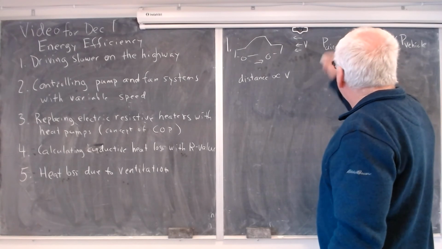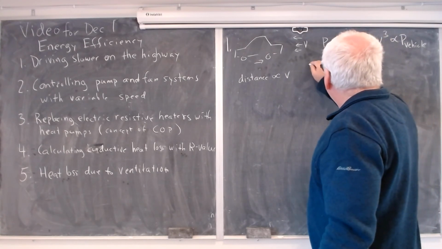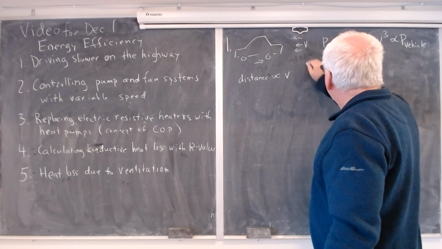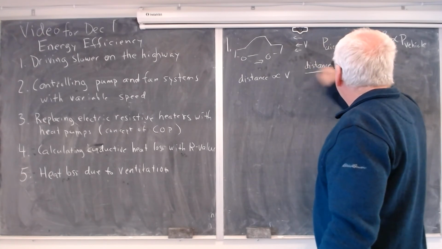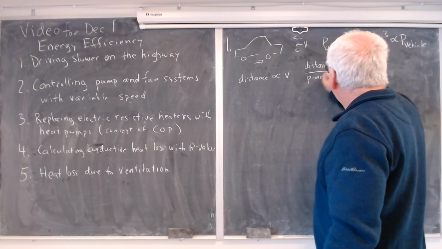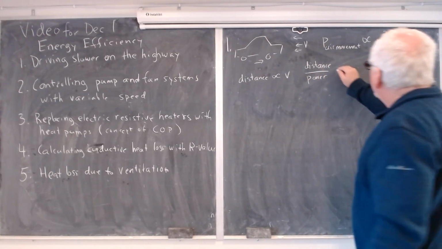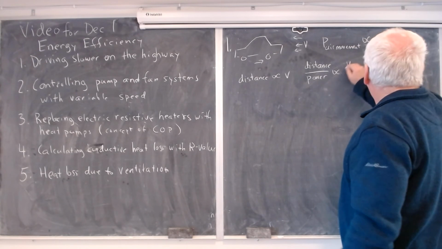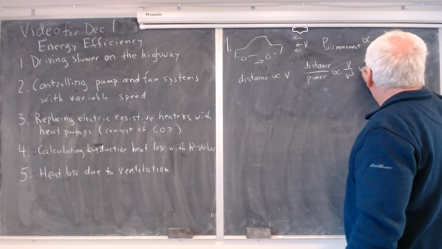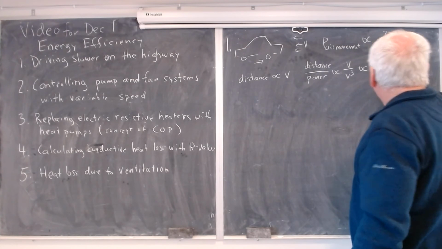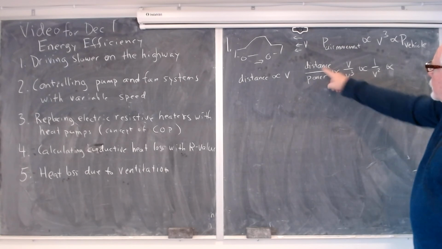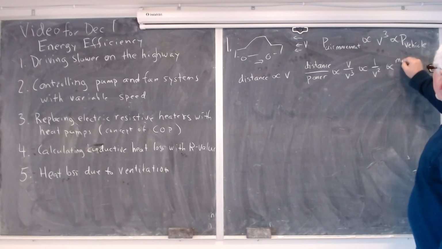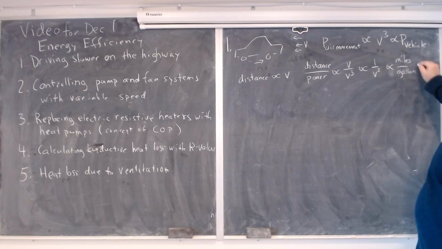And so the distance over the power goes as v over v cubed, or is proportional to 1 over v squared. And that then is proportional to the miles per gallon. Which most of you are more familiar with.